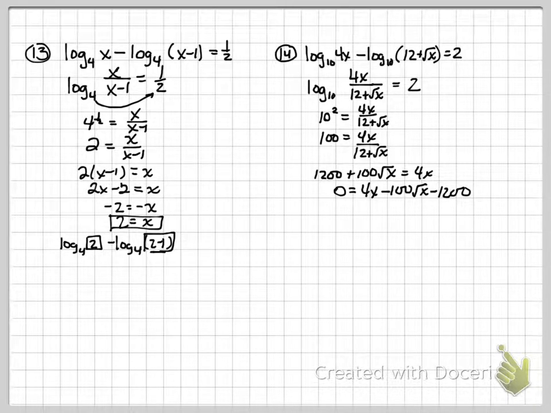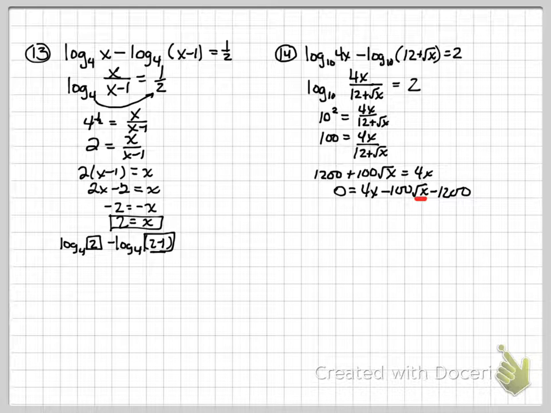Okay. Now you're probably looking at this like, okay, now what do we do? Because I have a square root of x in there. I can't square both sides because it would still give me some square roots and it would just be really nasty. But I know that the square root of x squared gives me x.